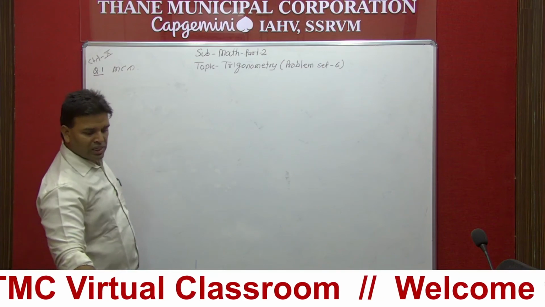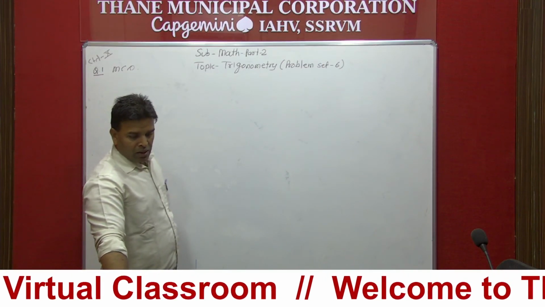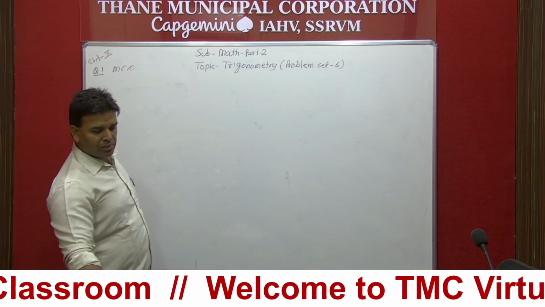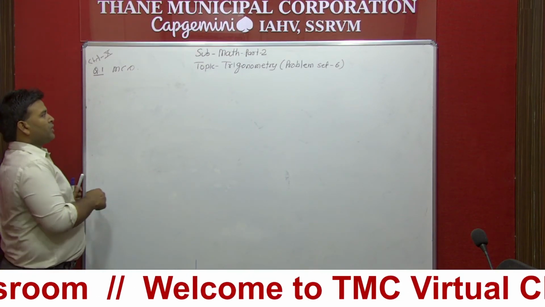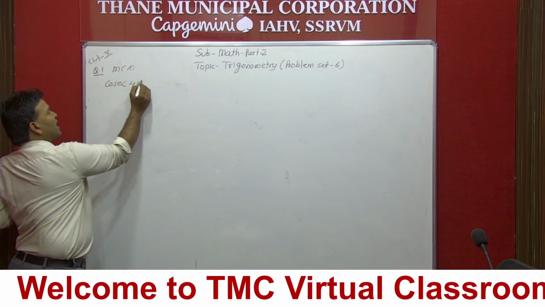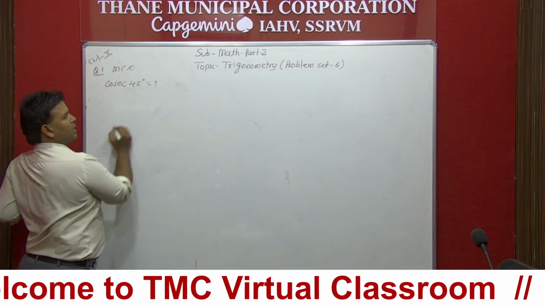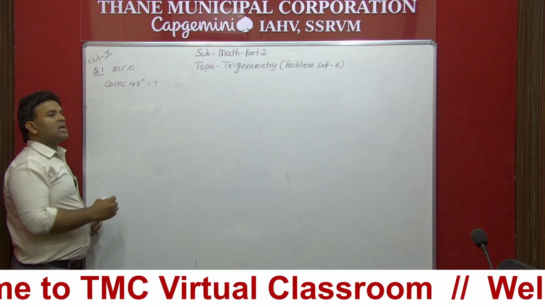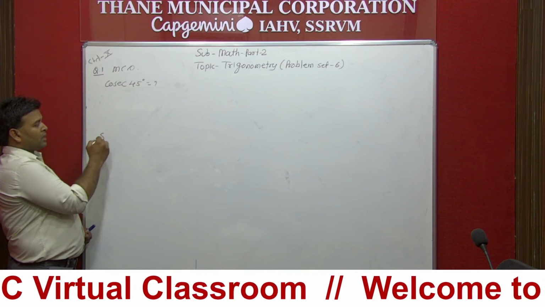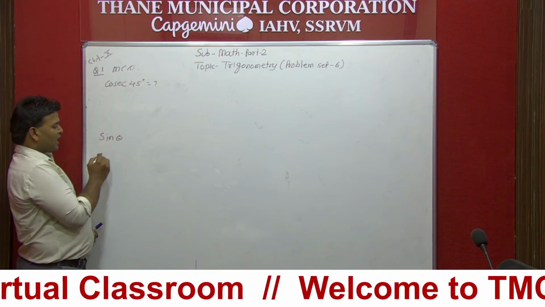Now the second question is cosec 45 degree is equal to question mark. Now for this we require tables. So in the table, in the first lecture, I have given the table of sin theta and cos theta.